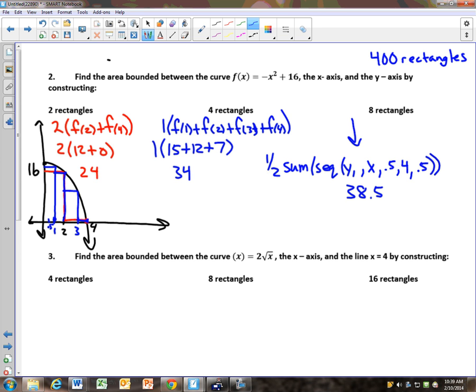If we're going to divide up into 400 rectangles, what's the width of each rectangle? 100th. 1/100th times sum of the sequence of y1, comma x, comma, we're going to start at the width, 100th, 0.01 to 4, and each increment is going to be 100th.